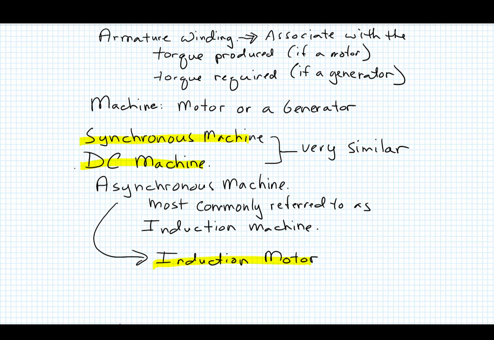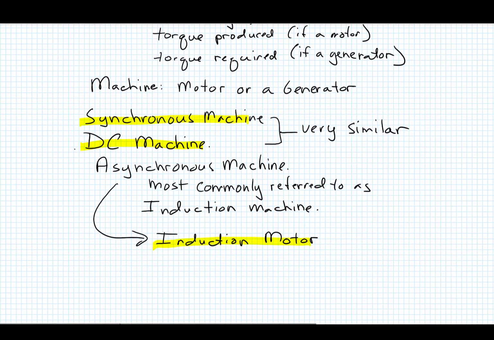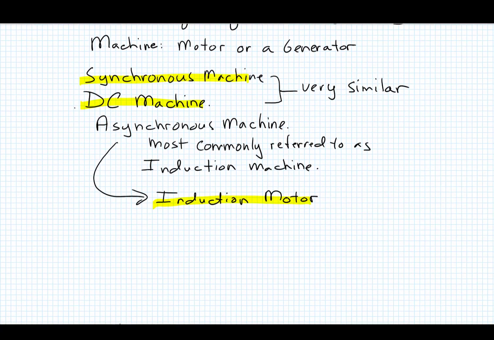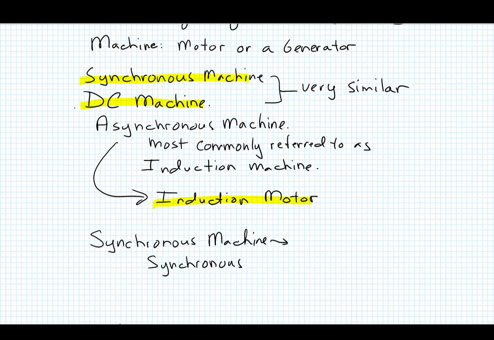And the synchronous machine is very important in its use. It is really what is behind all of the power generation that we have in our world. So when you think of synchronous machines, the synchronous generator is behind every power plant that depends upon rotating motion to produce power.